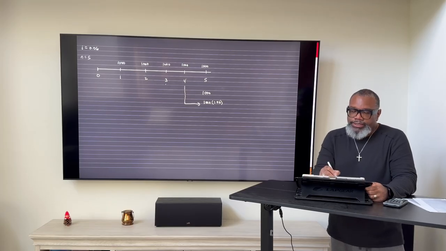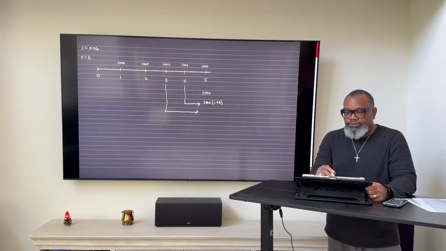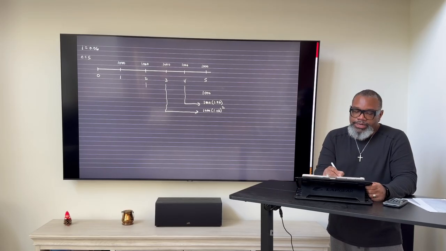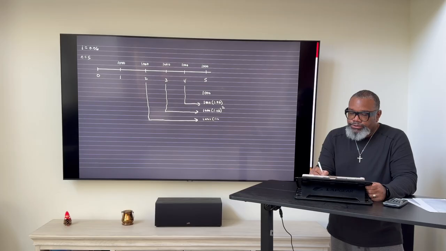And then at the end of 3 years, he'll put in $1,000, and that's going to accumulate for 2 years. So to get the future value of that particular $1,000, it needs to accumulate for 2 years. So we're going to raise that to the 2nd power. And then the one that he puts in at the end of the 3rd year is going to accumulate for 3 years. So we raise that to the 3rd power.